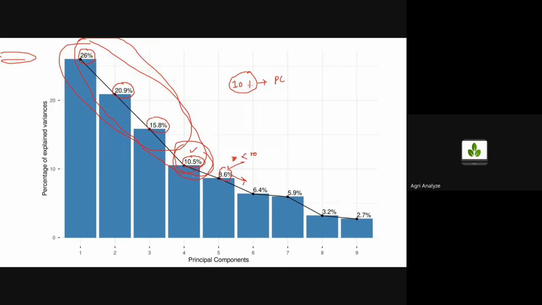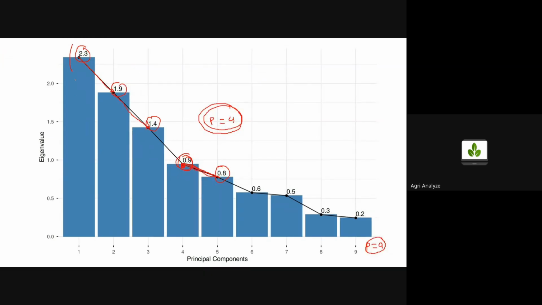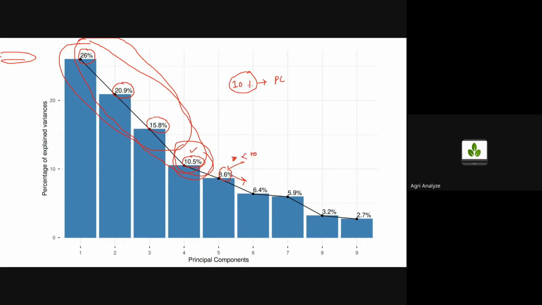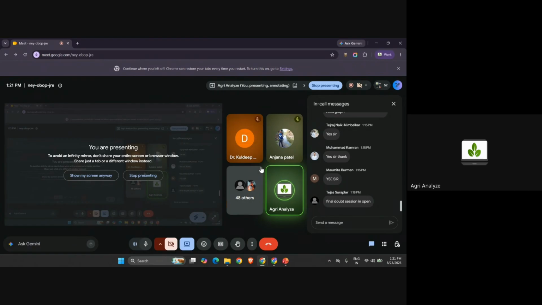You take only three components in your analysis, but you forget 10.5% of variation in your data set. That's why we have to break this type of rule. Now you got it, Dr. Kuldeep? Okay, sir.